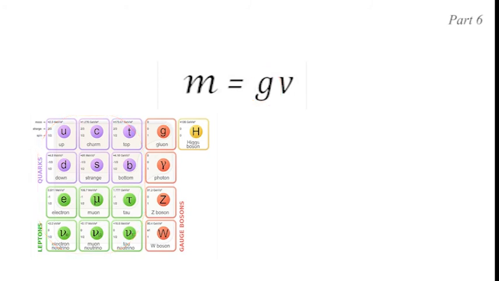We know, of course, that the masses of the various fermions are very, very different from one another. They vary widely from the extremely small masses of the neutrinos to the largest mass, which is that of the top quark. According to this formula, then, these masses can only be different if the G values for each of the fermions is different.